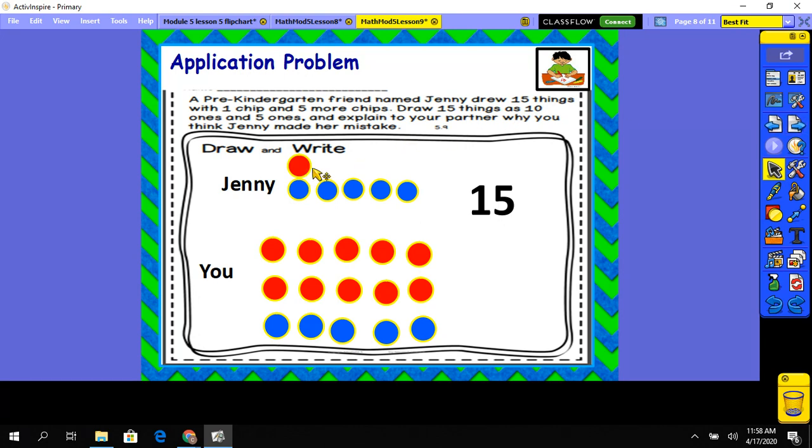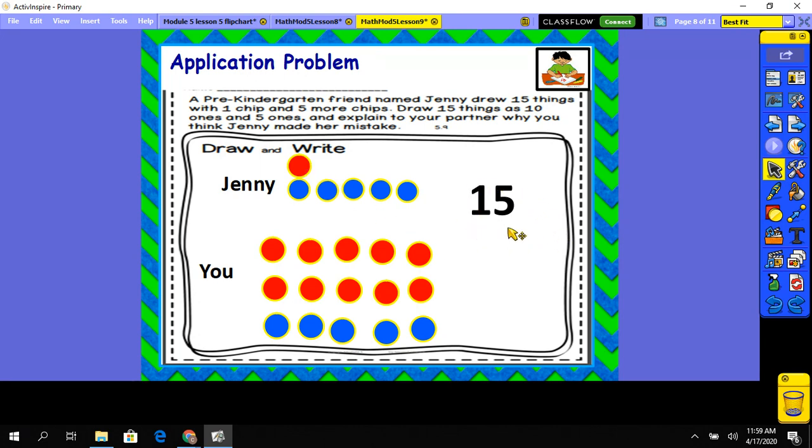Let's look at what Jenny drew. This is Jenny's drawing. She drew 1 and 5. You drew 10 and 5. What mistake did Jenny make? Yes, she drew 1 instead of 10.